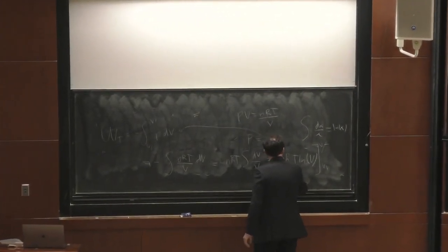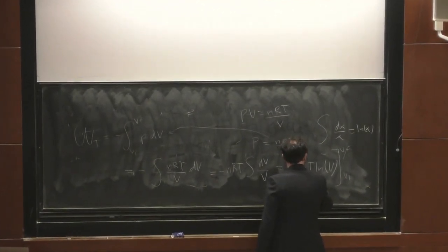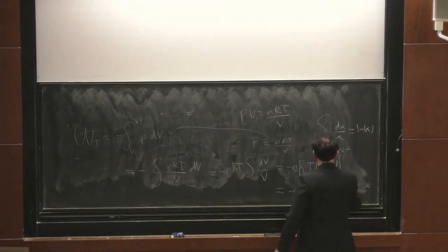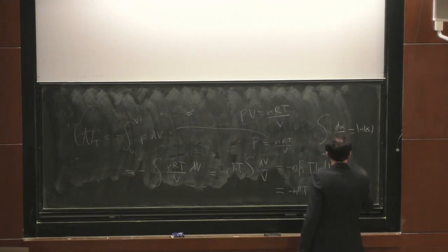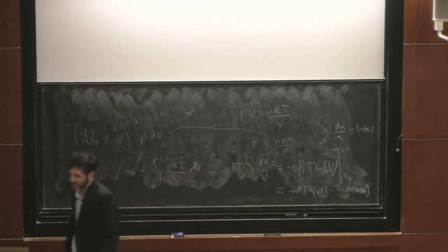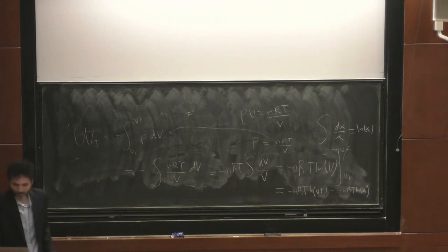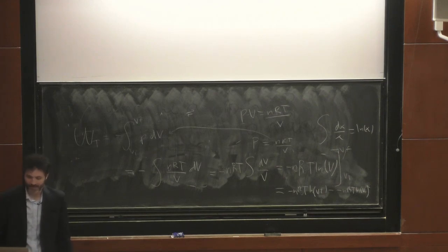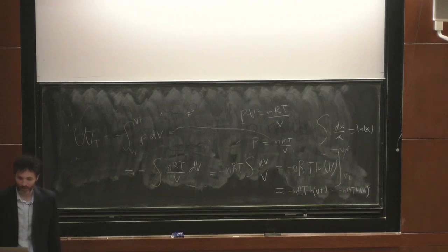So we have minus nRT natural log V final, minus, and then it's minus nRT natural log V initial. And so then you can just factor that out, and you can write it as a fraction here by my rules of natural log. So I have minus nRT natural log V final over V initial. And that's how I get that final expression there.